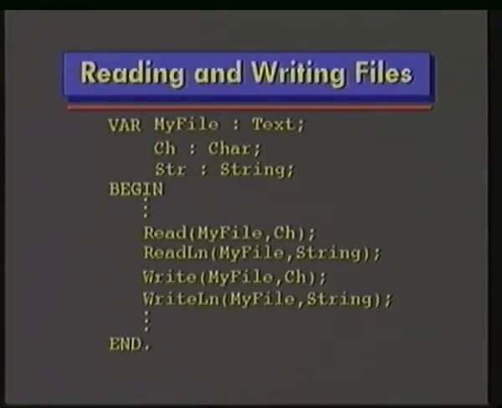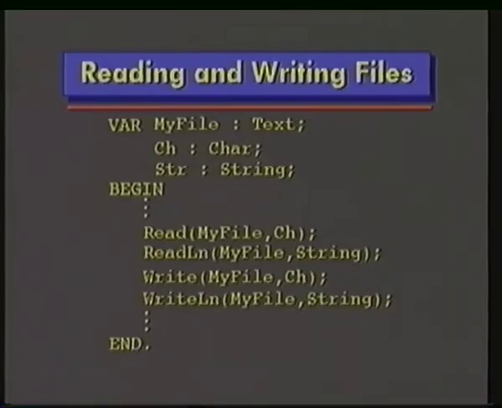We've already seen the read, readline, write, and writeline procedures, but there's a difference here. Notice that these procedure calls use a file variable called myFile. This variable has been initialized with the assign procedure and now refers to an actual DOS file which can be read from and written to. When a file variable is not specified, Pascal automatically reads from the console or writes to it.